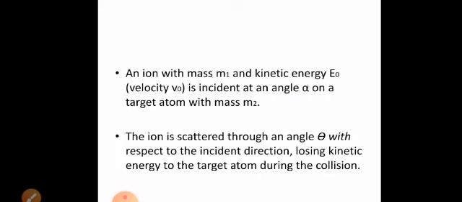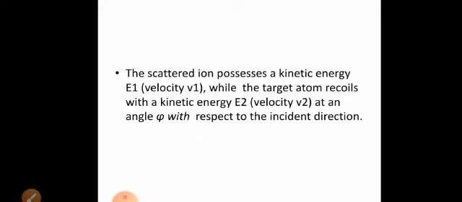That is why the target atom is moving in a particular direction. The scattered ion possesses kinetic energy E1, so its velocity becomes V1, while the target atom recoils with kinetic energy E2 and has a velocity V2. It goes at an angle phi with respect to the incident direction.